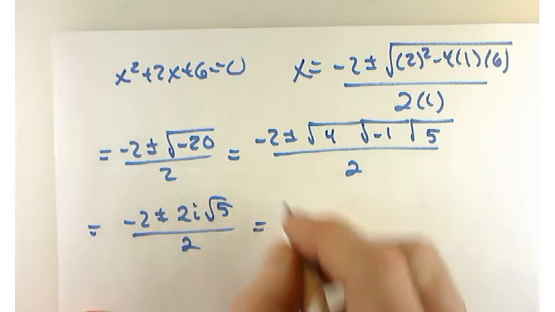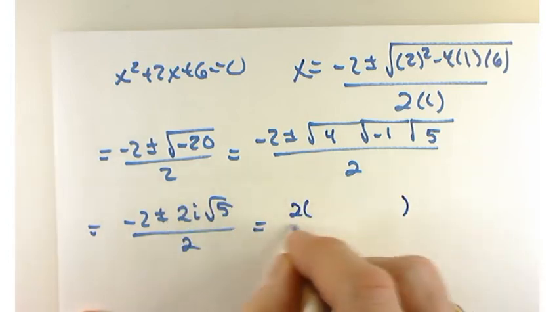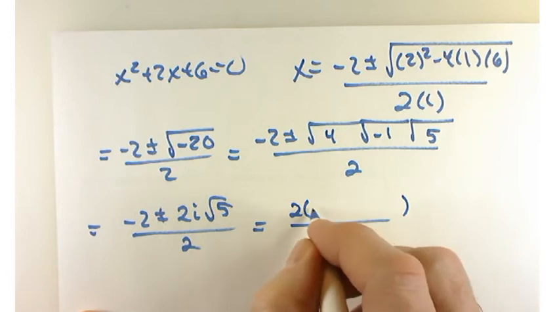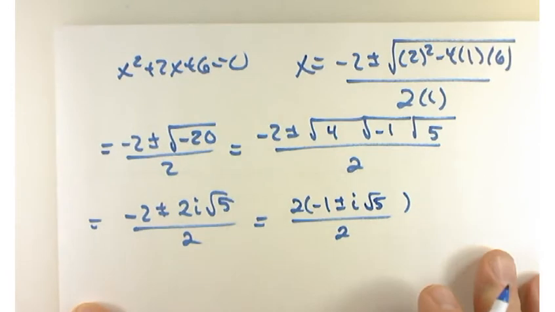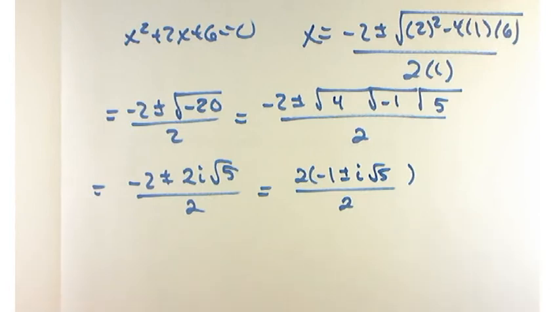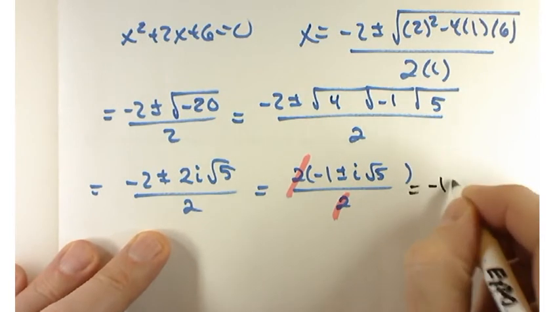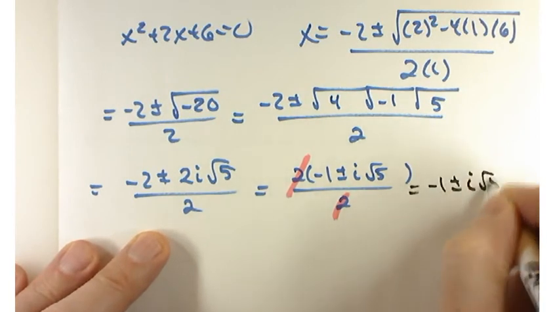Factor out that 2 from the entire numerator. -1 plus or minus i times the square root of 5. I can now cancel those 2's, and I'm left with -1 plus or minus i times the square root of 5.